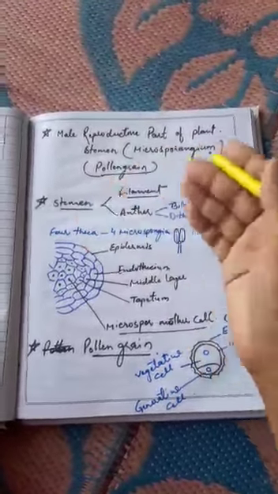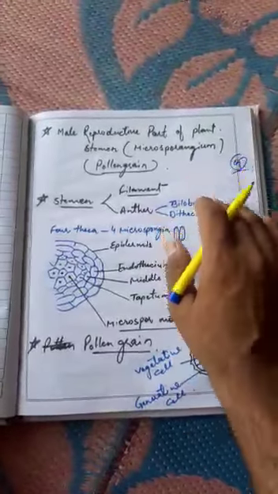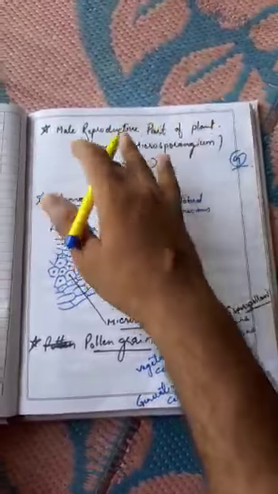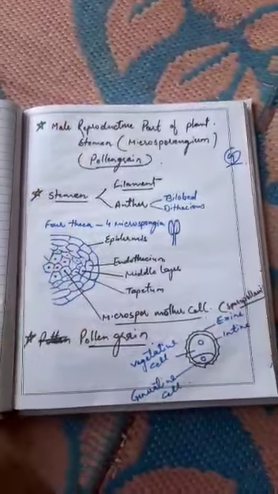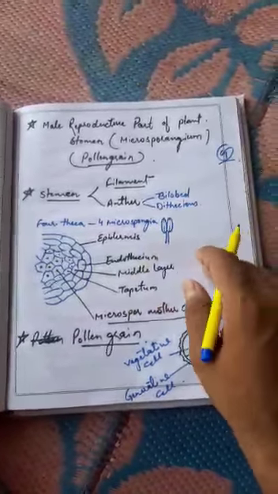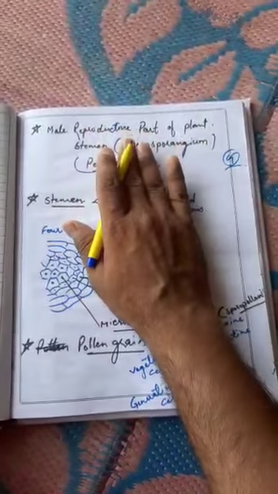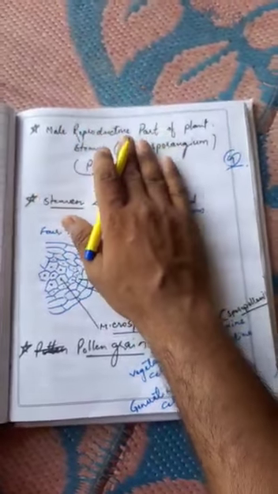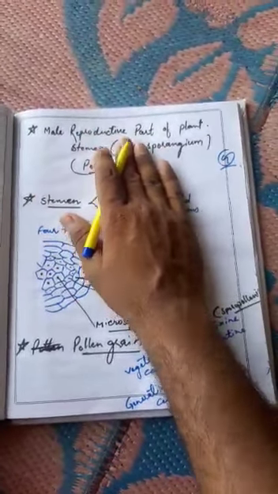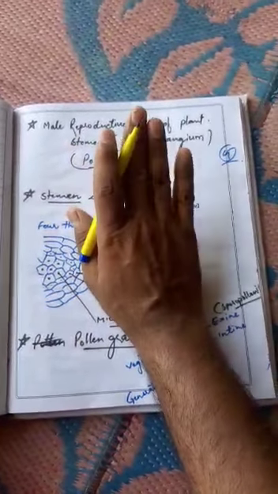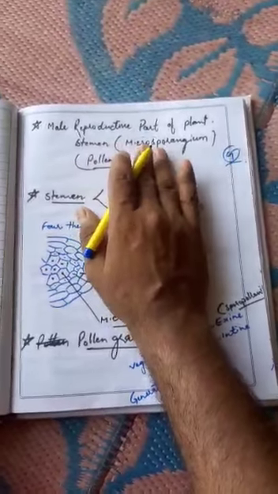So now in this chapter today we are going to start with the first section of the flower. Sepals and petals, their work you already know. Now we are starting with the main part of the flower, the male reproductive part, and after that we will read about one more main part of the flower, the female reproductive part.